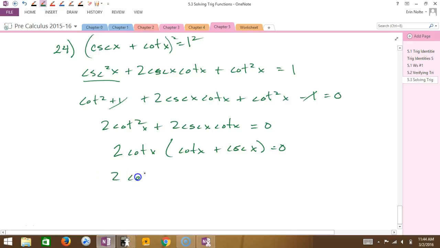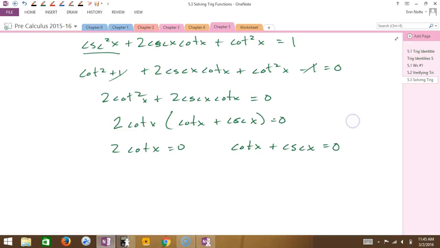So we got 2 cotangents of x equal to 0. This is still not nice. Sine over cosine. Well, this will still work. So you get cotangent of x equaling 0. So that's the y has to be 0.